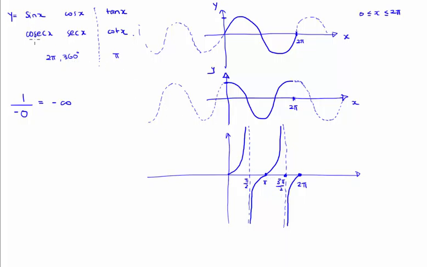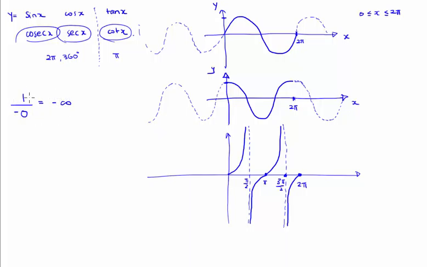Now we're going to investigate the inverse trigonometric functions. So that's cosec, sec, and cot. So in order to understand how to draw these graphs, you need to understand those basic concepts. So 1 divided by, for example, a very small negative number is negative infinity.